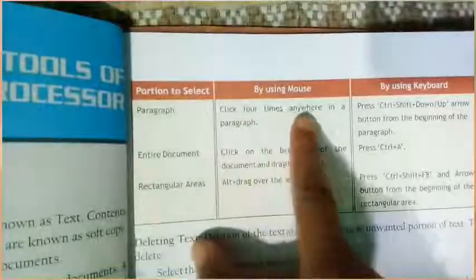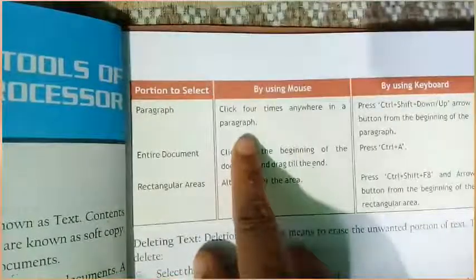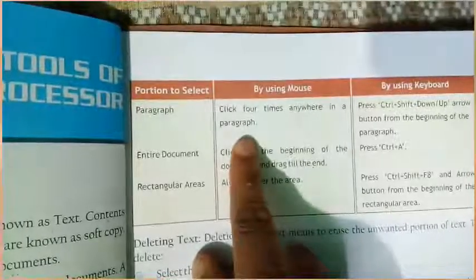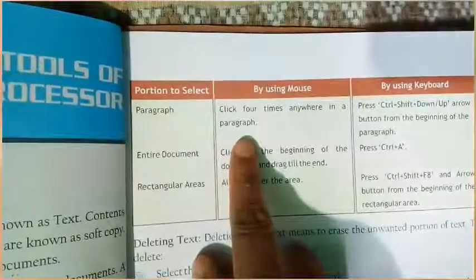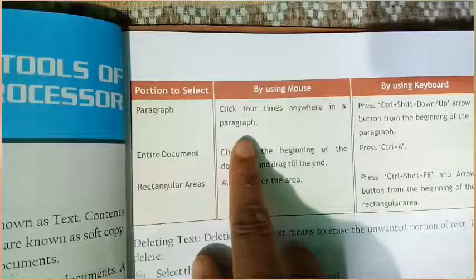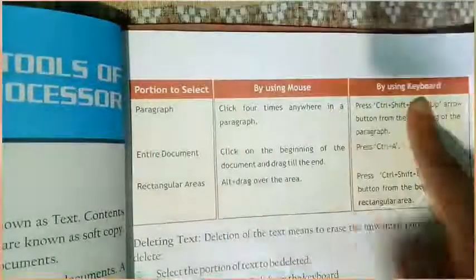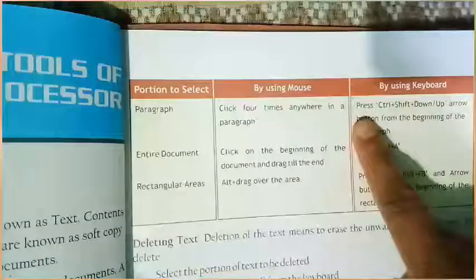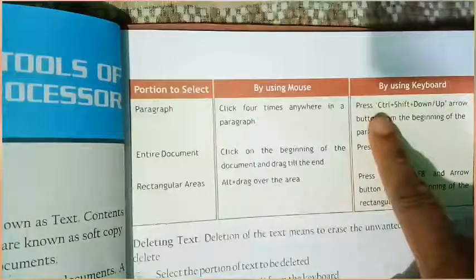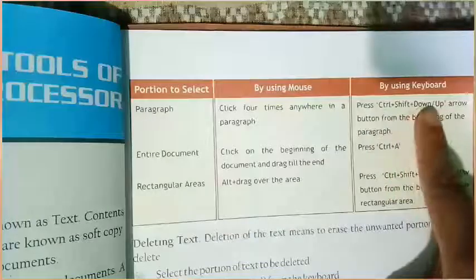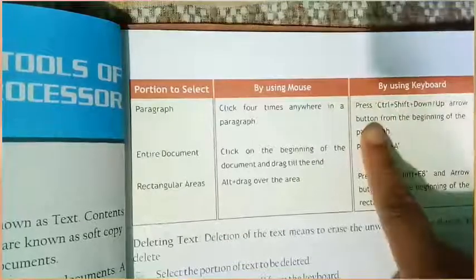Click 4 times anywhere in the paragraph. Means we should hold the mouse and click 4 times in any portion of the paragraph. Or with the help of keyboard, we can press CTRL plus shift plus down or up arrow button from the beginning of the paragraph.